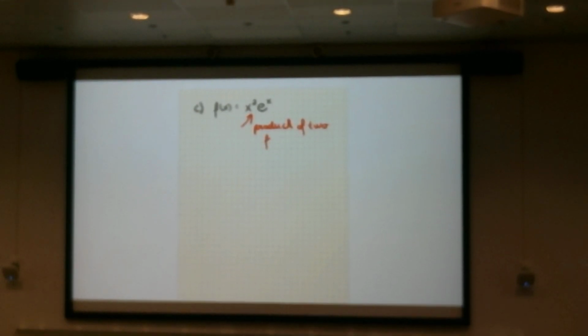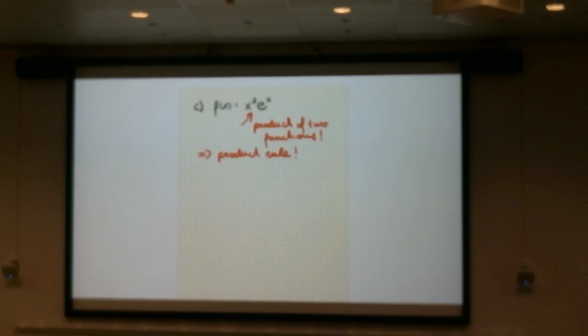Right? It's a product of two functions. So you need to use product rule. But that is true, that the derivative of e to the x is not going to change. That's perfectly fine.